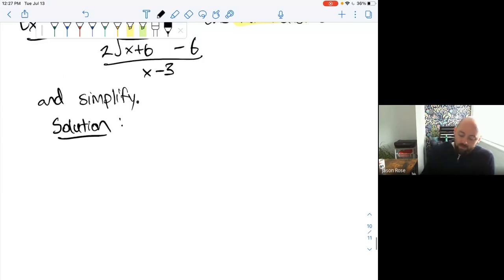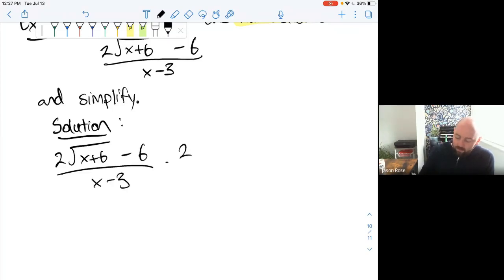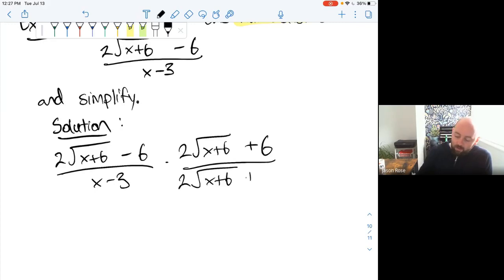Okay, so here the conjugate is going to be, as you might have expected, 2 root x plus 6 plus 6 over here. And it has to be the same on top as on the bottom. Okay.